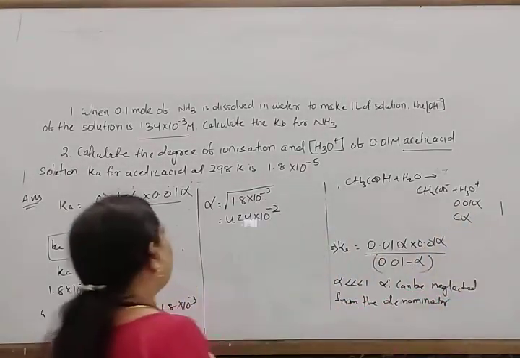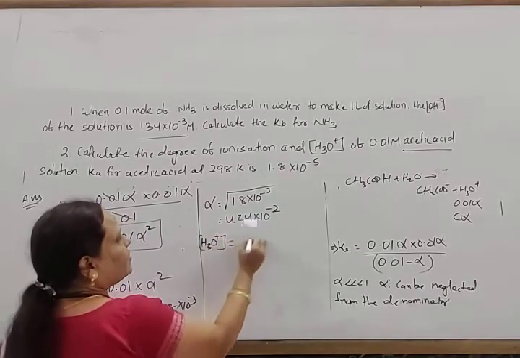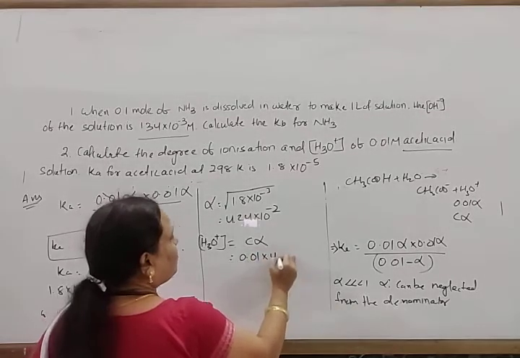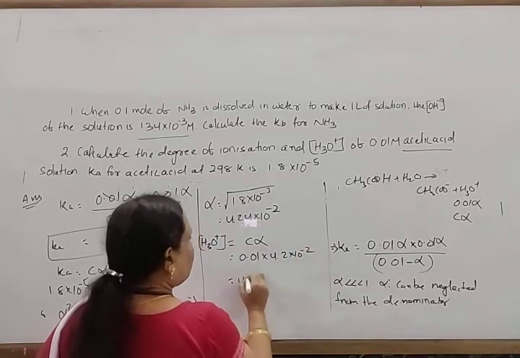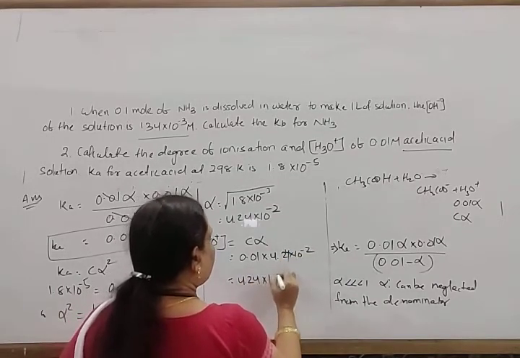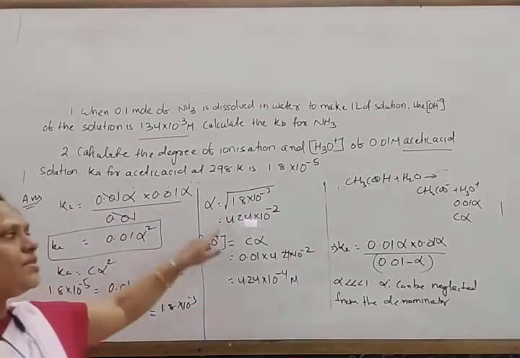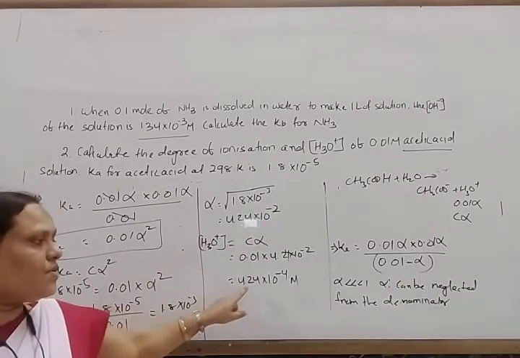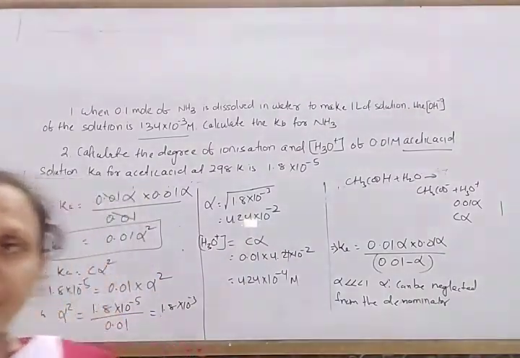So the H3O+ concentration is 0.01 into 4.24 times 10 to the power minus 2, which is 4.24 times 10 to the power minus 4 M. So alpha is equal to 4.24 times 10 to the power minus 2, and H3O+ is equal to 4.24 times 10 to the power minus 4 M.